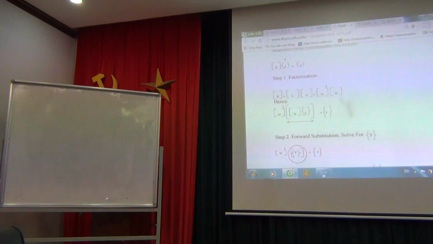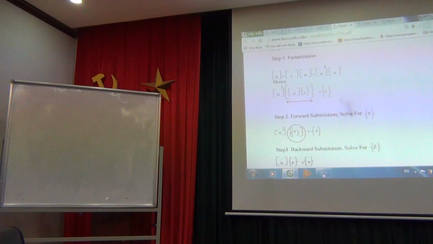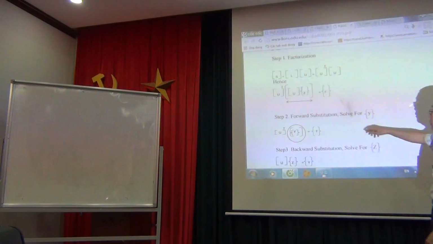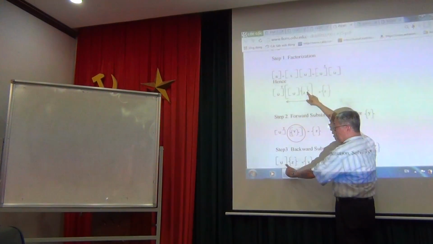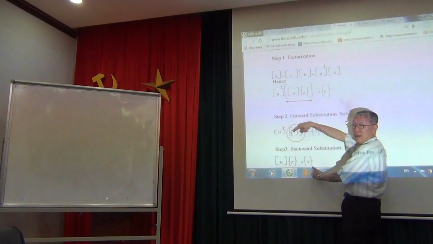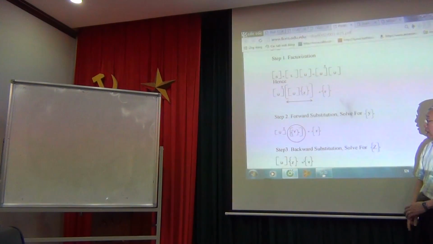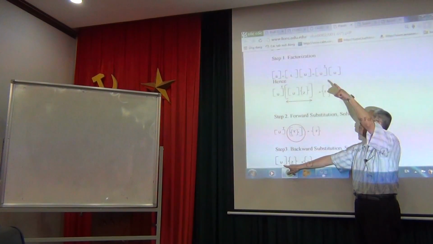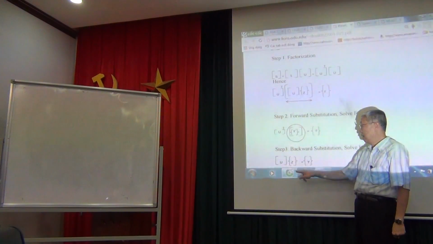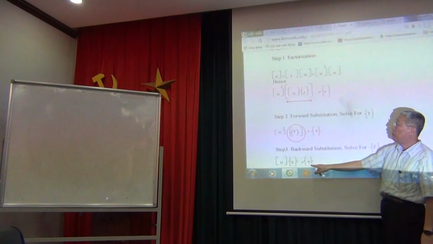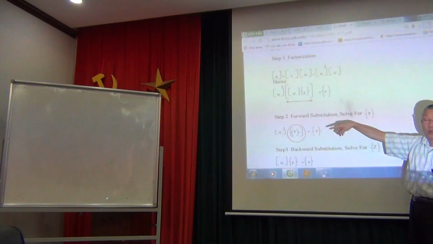And then after that we go to step 3. We remember we say UZ equals Y. The matrix U we already obtained from step 1, and the vector Y we already obtained from step number 2.